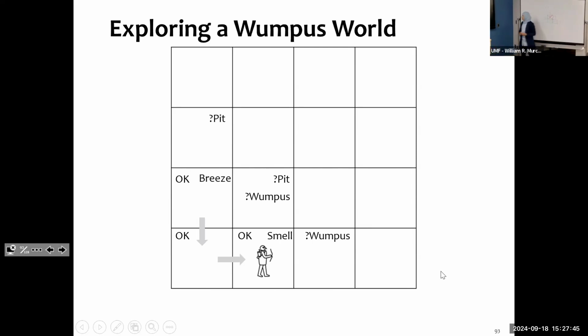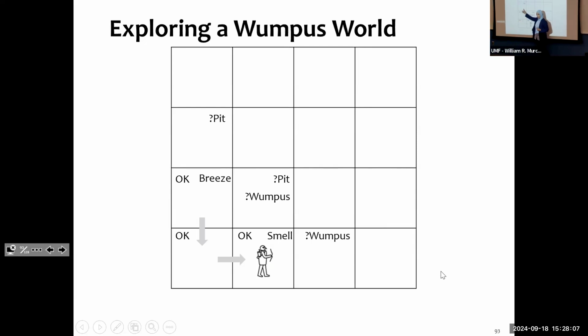Is that clear? Now moving to the other one, let's suppose that the sensors are detecting some smell. He's smelling something. Smelling something indicates what? That there is a wumpus, whether in this room or in this room. Now he has knowledge about this path he's taking.